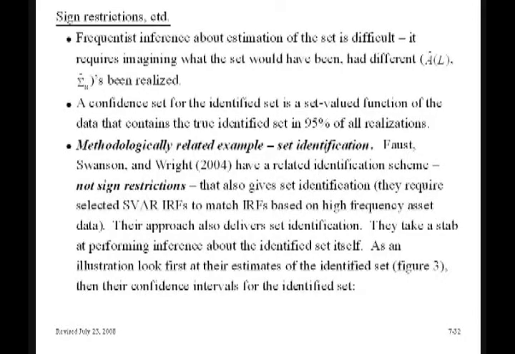That prior distribution is the one that's implied by your numerical algorithm for sampling from that space. An interesting question that I don't know the answer to, but I haven't seen explored in this literature, is whether or not the prior that's implicit in the algorithm that you use to sample over the space of orthonormal matrices actually has an effect on the resulting confidence sets, the Bayesian confidence sets. And I would imagine that it does, but I think that would be something to explore. It would be interesting to see.